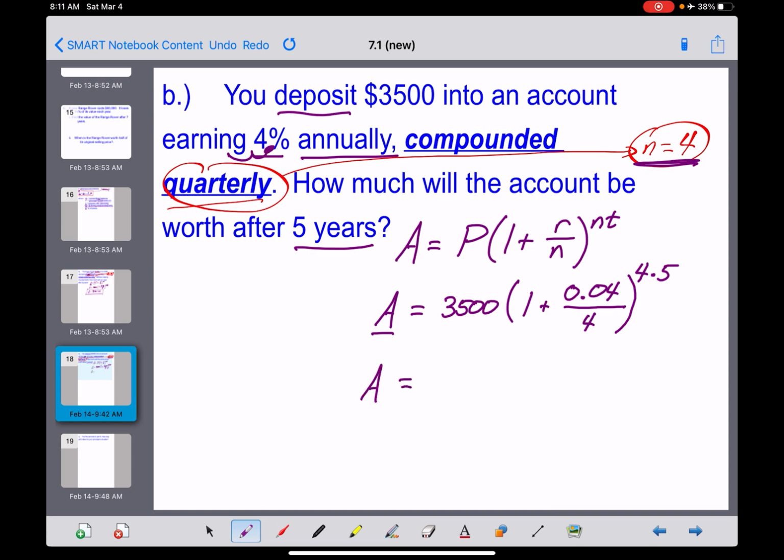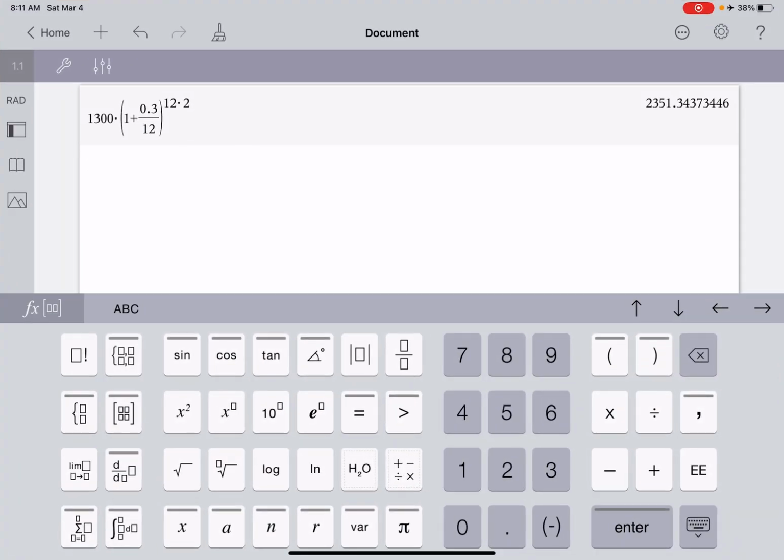So all we have to do now, guys, is go to the calculator and type in everything from the right side. We deposited $3,500, and then in parentheses, 1 plus a fraction right now, 0.04 is our annual percentage rate, but we divide that by 4 to get now a quarterly percentage rate. And then, for the exponent right here, we took 4 times per year times 5 years.